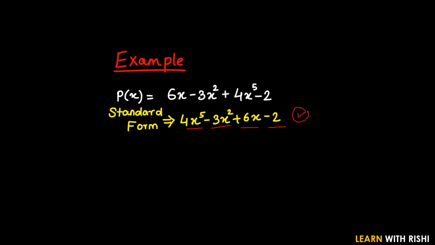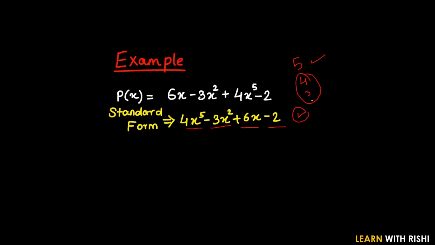Next one is index form. What is important in index form? Order is not important. Important is that the missing term should be included. So here I can see that highest power is 5, lowest power is 0. So between 5 and 0, fifth power is there, 4th power is missing, 3rd power is missing, power 2 is there, power 1 is there, power 0 is there, right?